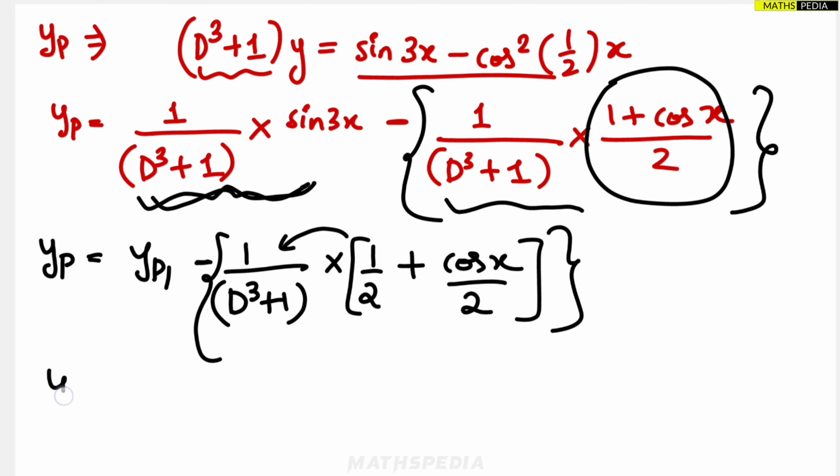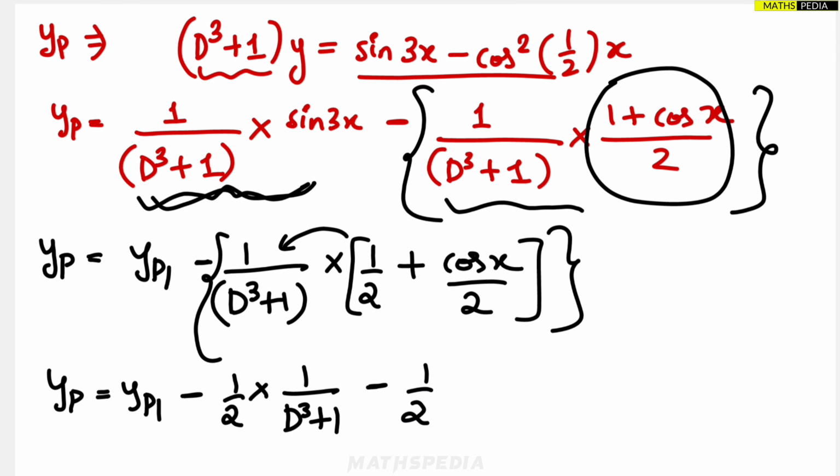So it will become yp is equal to yp1 minus, so 1 by 2 will come here, minus 1 by 2 into 1 by d cube plus 1, again minus 1 by 2 into 1 by d cube plus 1 into cos x. I hope you understood here.